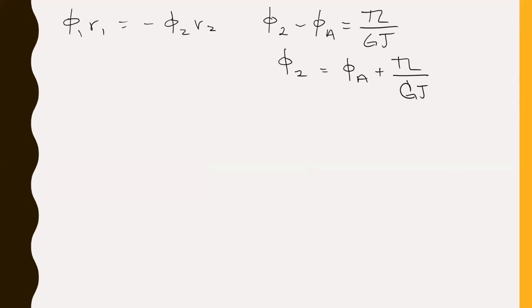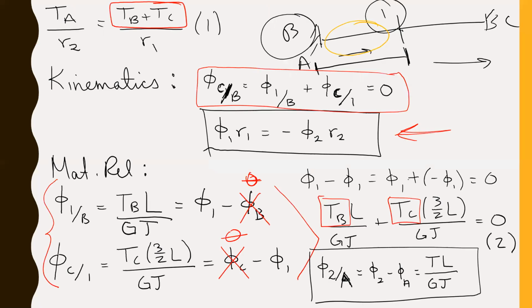Now I can plug that in so that I have phi 1 R1. And actually we can plug in for phi 1, right? If we go back to the previous slide, phi 1 was found to be equal to this.